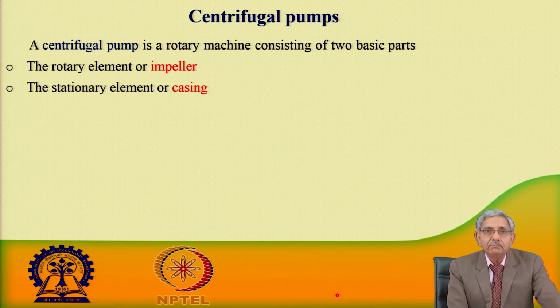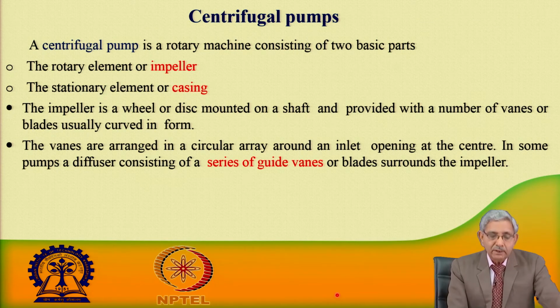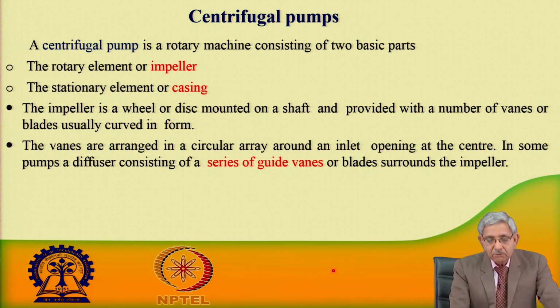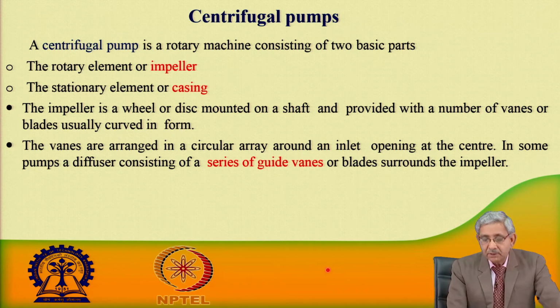A centrifugal pump is a rotary machine. It consists of two basic parts, a rotary element or impeller and a stationary element or casing. The impeller is a wheel or disc mounted on a shaft and provided with a number of vanes or blades, usually curved in shape.